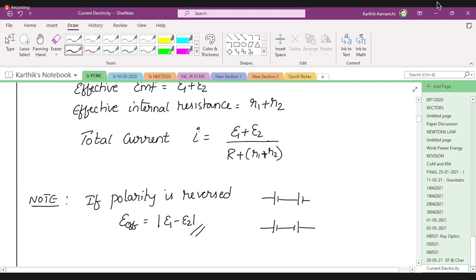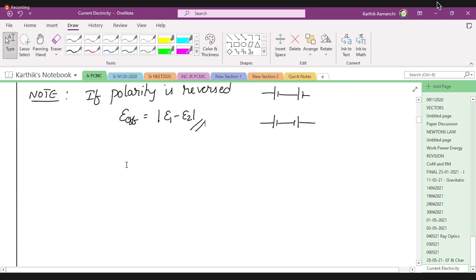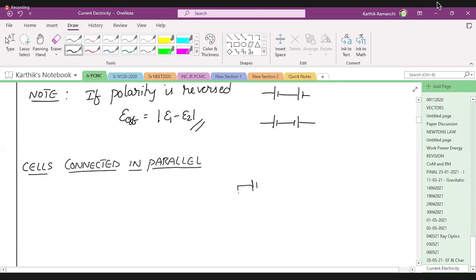Next, cells connected in parallel. How do you do it? Cells connected in parallel, with a junction.